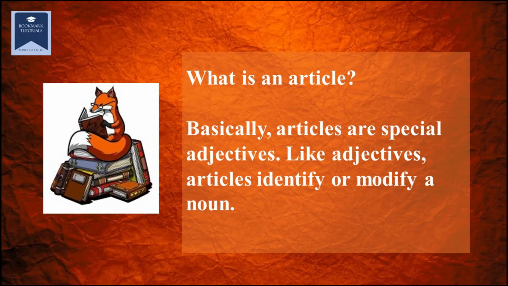Here we go. What are articles? Basically, articles are special adjectives. Like adjectives, they identify or modify a noun. That is their function. We know that English has three articles: a, an, and the.